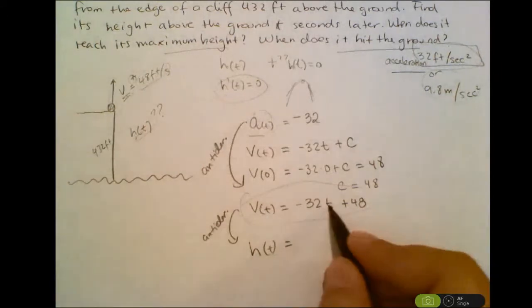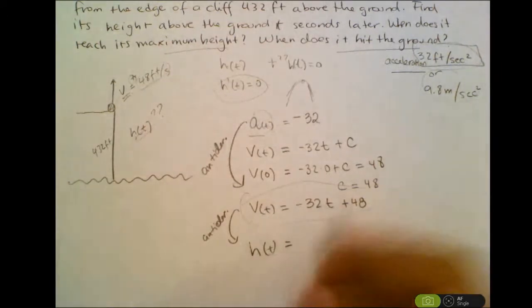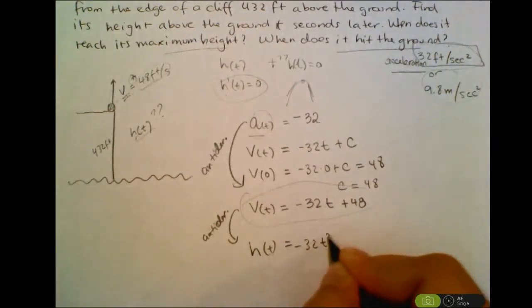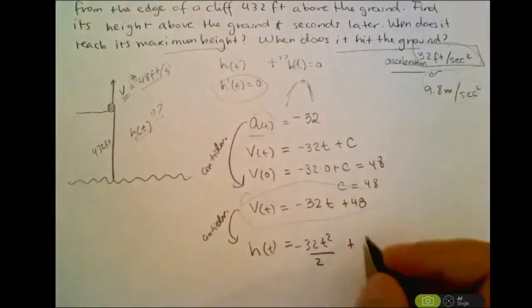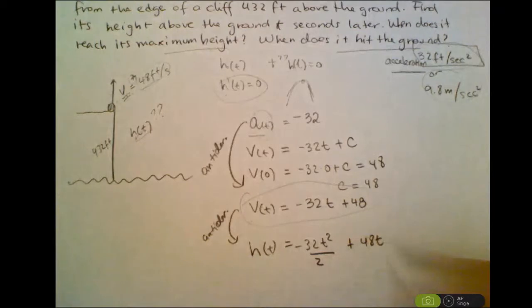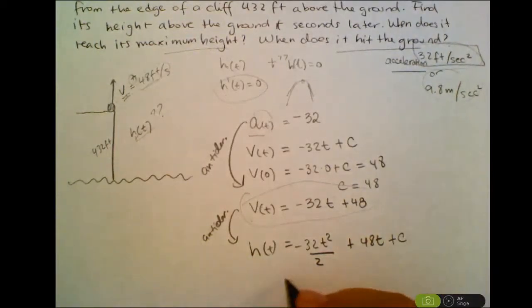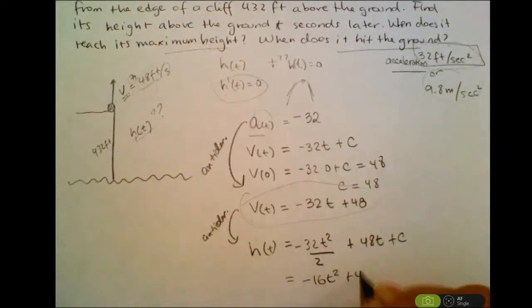The exponent now goes from 1 to 2, so negative 32 t squared over 2, and the exponent on the constant term goes from 0 to 1, plus the constant c. Simplifying, this is negative 16t squared plus 48t plus c.